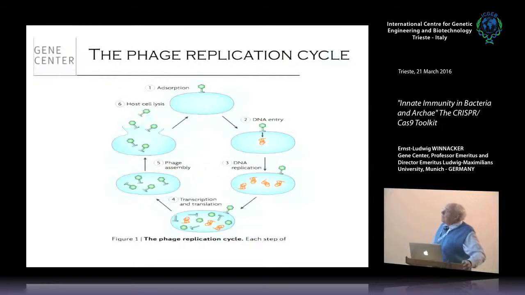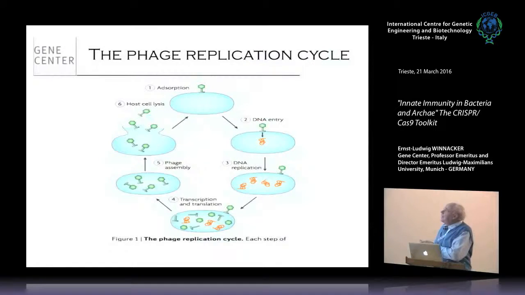Now, the bacteria have a number of mechanisms to defend themselves against phage infection. And the one we are talking about here is after DNA entry, when the DNA of the phage is inside the bacteria.